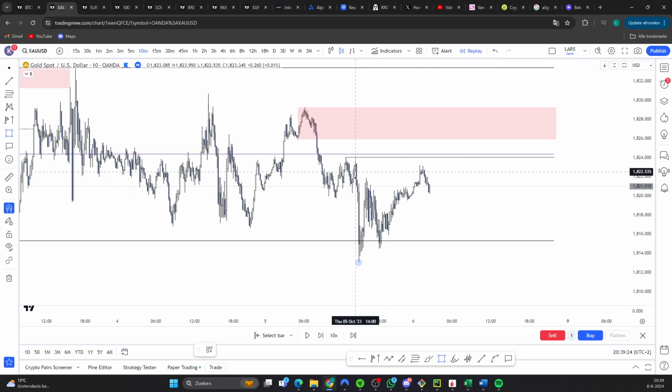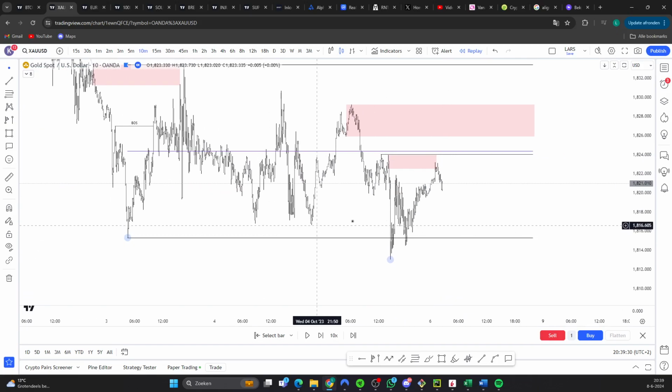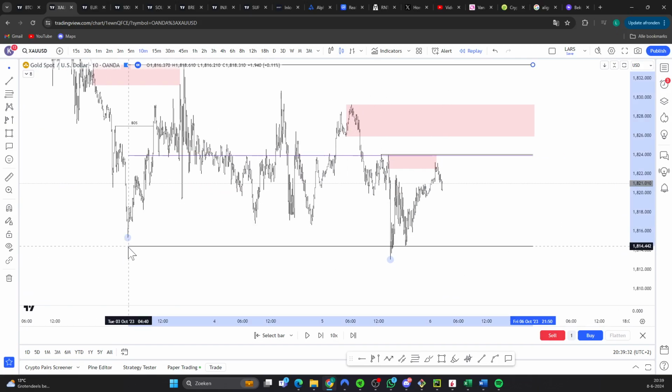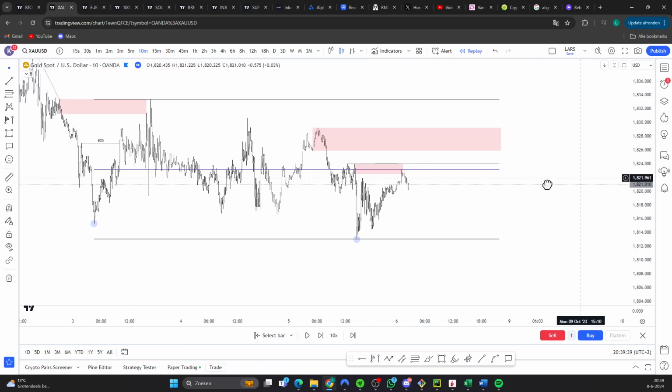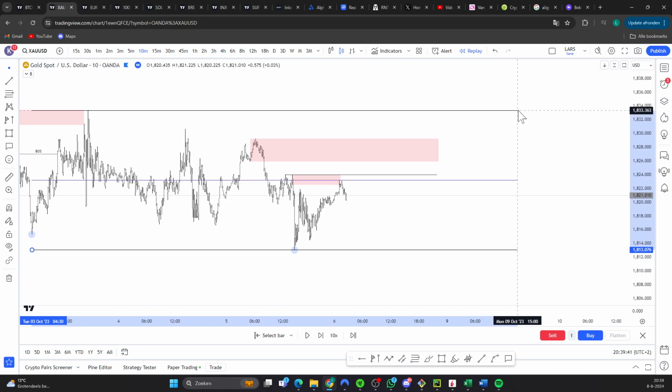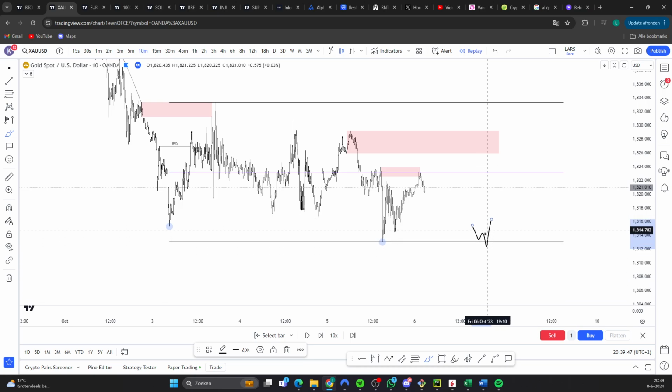We are rejecting from the supply now, though, instead of grabbing the equal highs. And we haven't broken any significant structure back to bullish. I would say a trade I would take with a 2% risk is this trade, for sure.